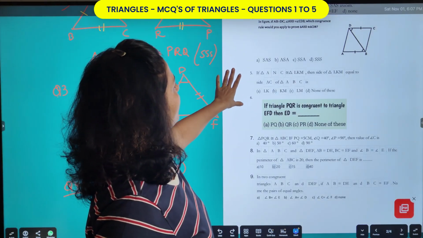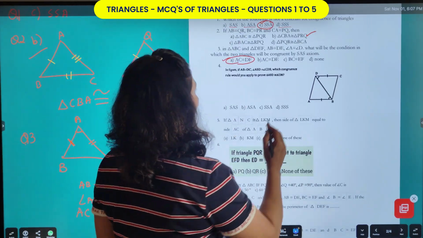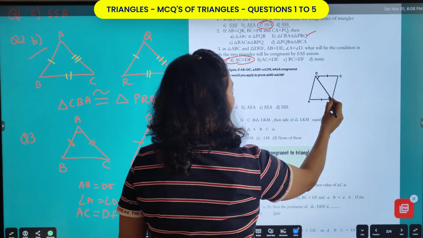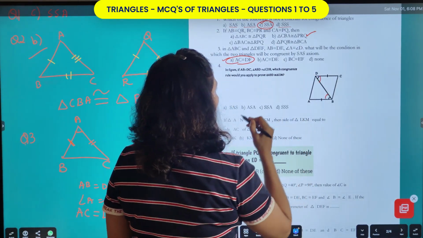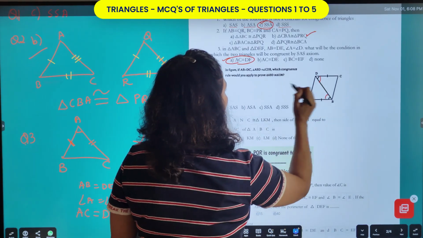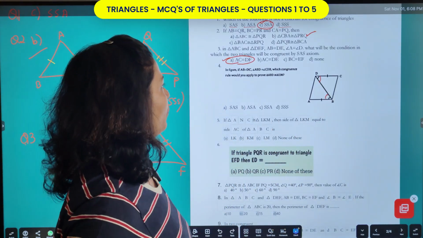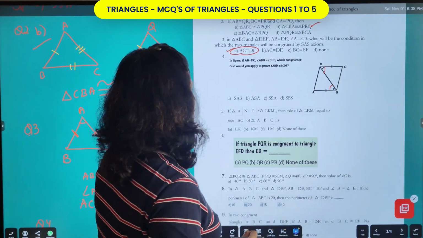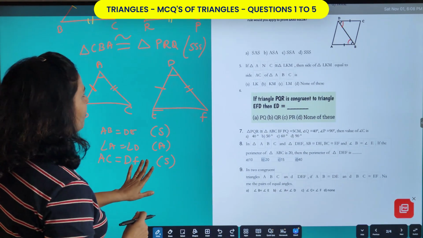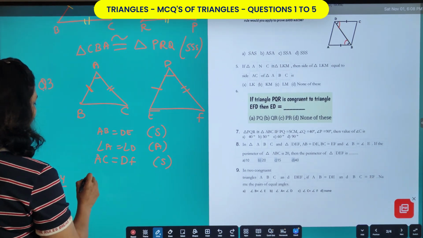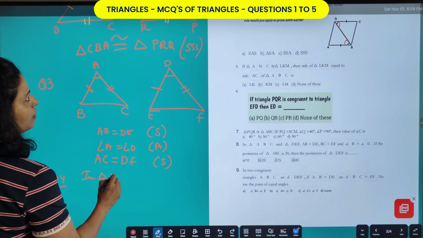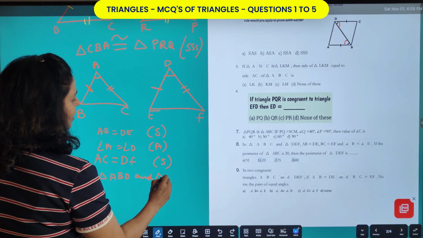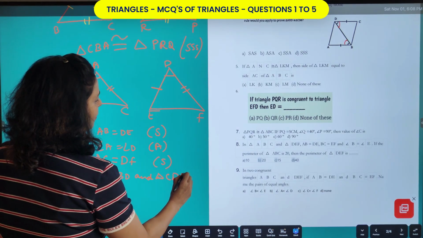In the figure, AB is equal to DC is given, and angle ABD is equal to angle CDB. They are asking which congruence will you apply to prove them congruent. So we will take triangle ABD and triangle CDB.